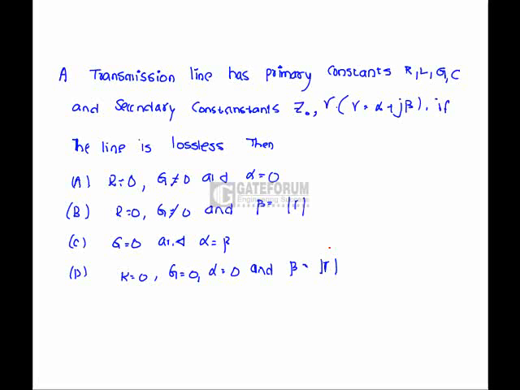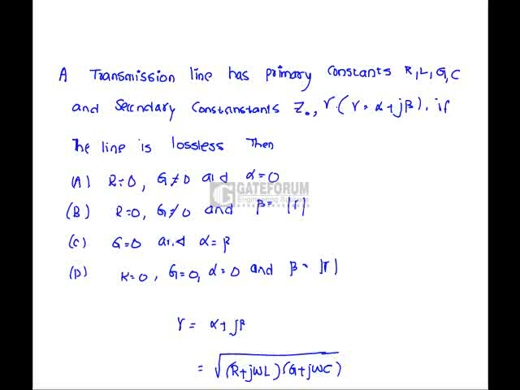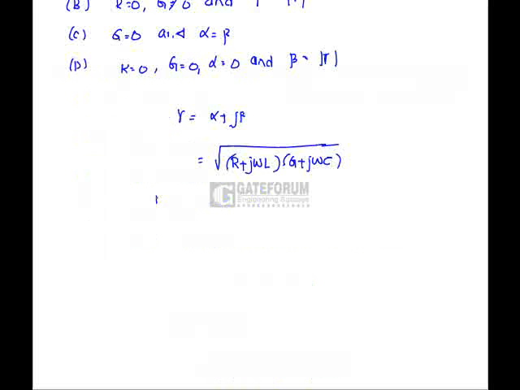A transmission line has primary constants R, L, G, C and secondary constants Z0 and the propagation constant gamma. Gamma equals alpha plus j beta, where alpha is the attenuation constant and beta is the phase constant. The propagation constant is also equal to the square root of R plus j omega L times G plus j omega C. If the line is lossless, then R and G must be 0.